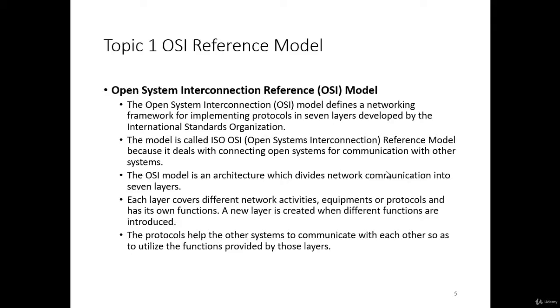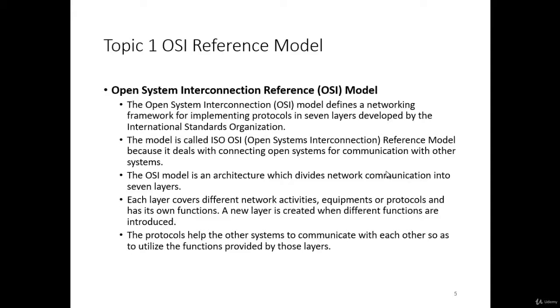The Open System Interconnection Model defines a networking framework for implementing protocols in 7 layers, developed by the International Standards Organization. This model is called the ISO OSI reference model because it deals with connecting open systems for communication with other systems.